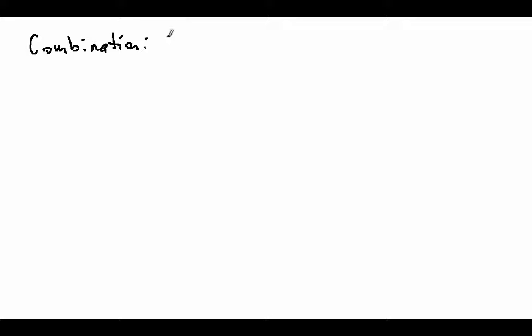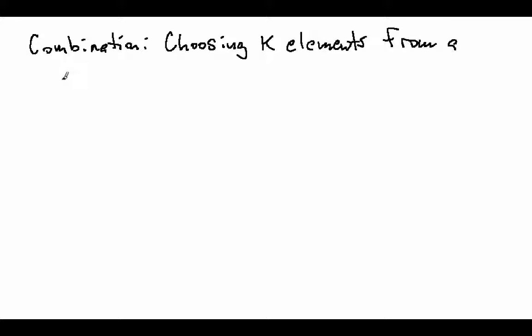Okay, and basically what we are doing is we are choosing k elements from a set of size n. Okay, and notice here what we're doing is we're doing it without replacement.